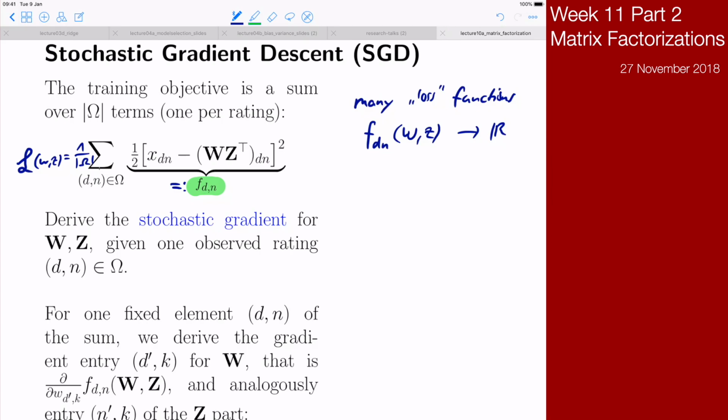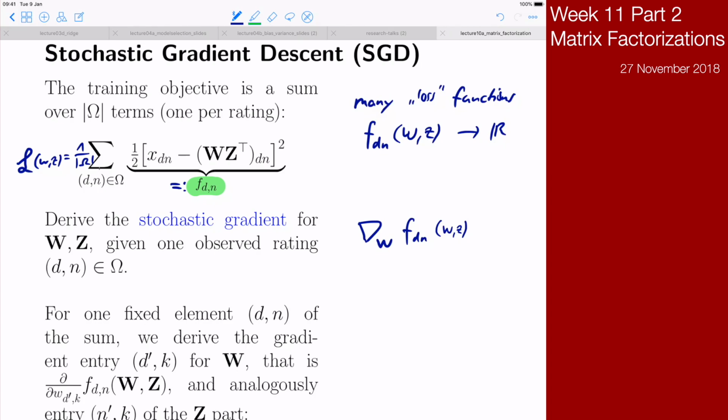Conceptually it's a sum, and we want to minimize it. We pick one entry of the sum. Now I need to compute the gradient of this one function. So I need to compute the gradient with respect to W at my current point.